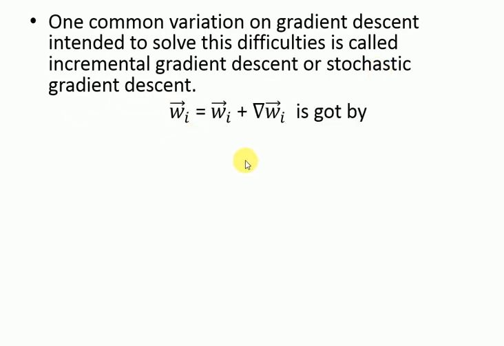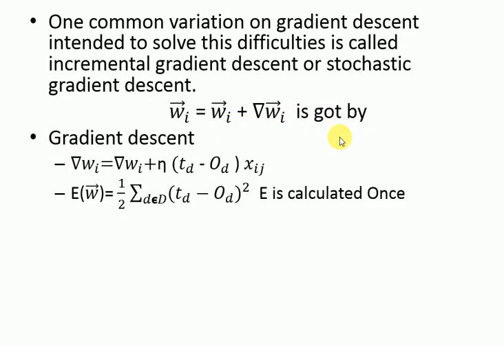In gradient descent, the derivative of wi equals the derivative of w plus eta into Td minus Od into x of i. The E value is 1 by 2 sigma over d belonging to D, Td minus Od squared, that is, E is calculated once, and that is gradient descent.